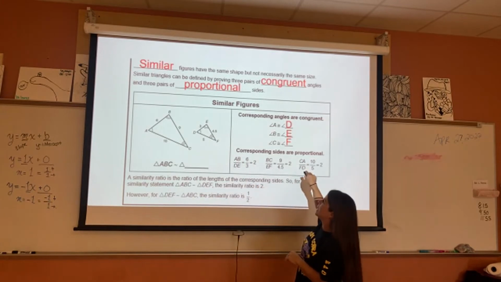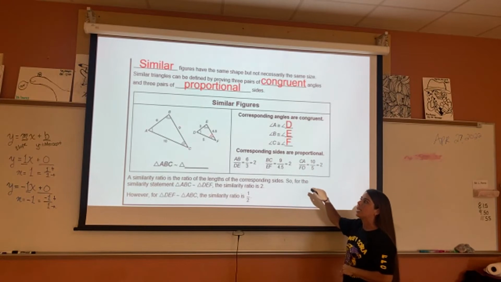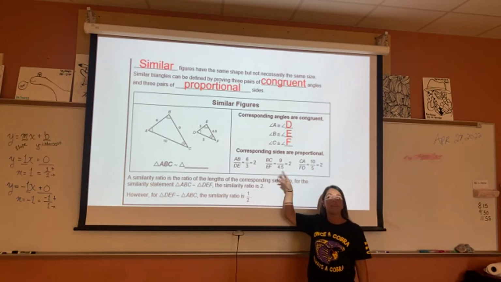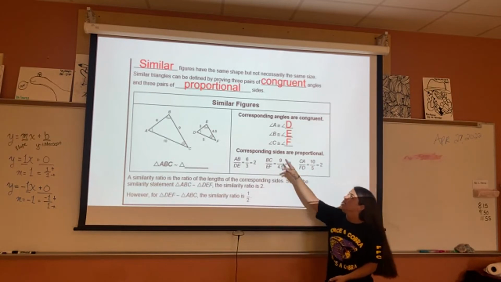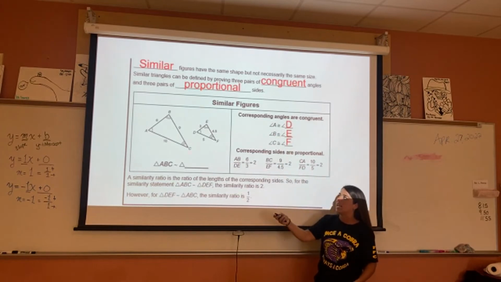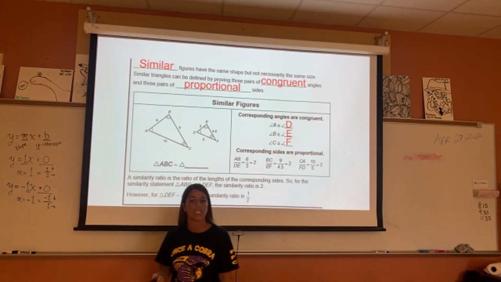I know BC must go with EF. BC is 9, EF is 4.5. 9 is twice as big as 4.5. Same thing here. CA must go with FD, where CA is 10, FD is 5. CA is twice as long as FD.